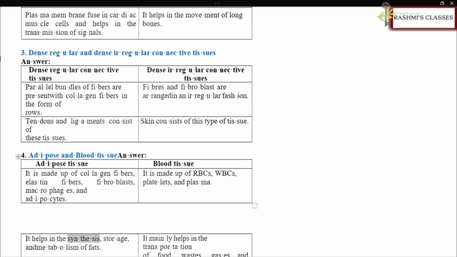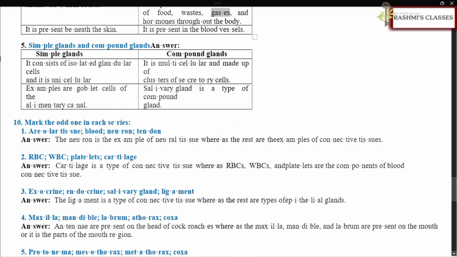Adipose tissue helps in the synthesis, storage, and metabolism of fats. Blood mainly helps in the transportation of food, wastes, gases, and hormones throughout the body. Adipose tissue is present beneath the skin. Blood tissue is present in the blood vessels.